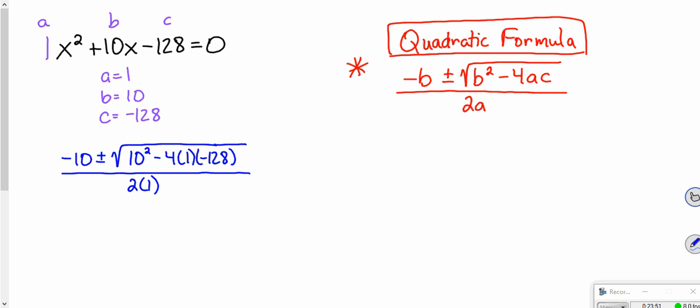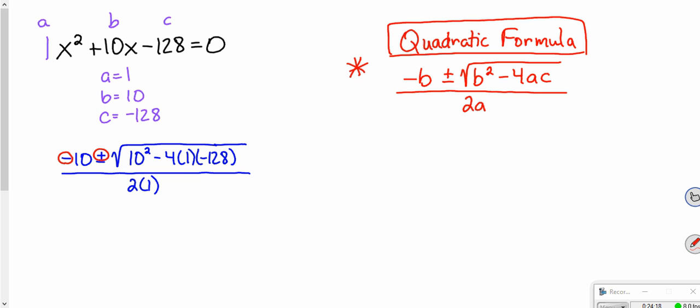Usually, one of these answers coming out of here is going to be positive and one of them is going to be negative. So you need to pick the positive one. In this case, since this number out here is negative, you want to pick the positive one here because this number under the radical is going to be bigger than that one to give you a positive answer. Because again, we're talking about lengths. We need a positive x.